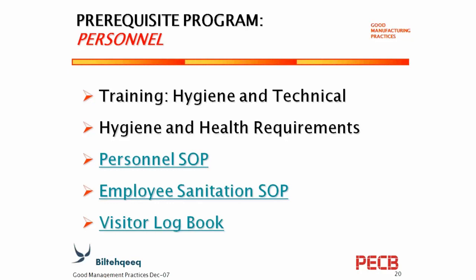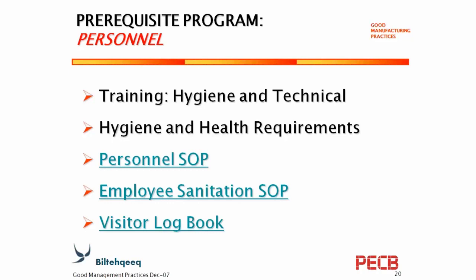You have to train them how to wear the caps, how to wash the hands, how to go inside the manufacturing plant, and they should be well aware about all the protocols of going inside the processing area or going outside the processing area. So you have to train them about all this.